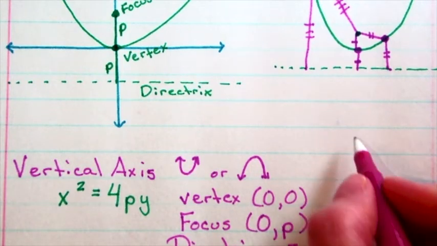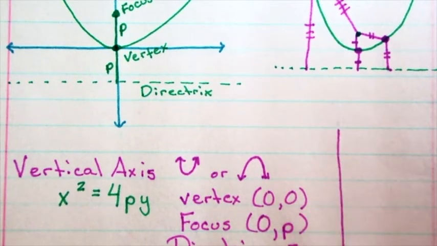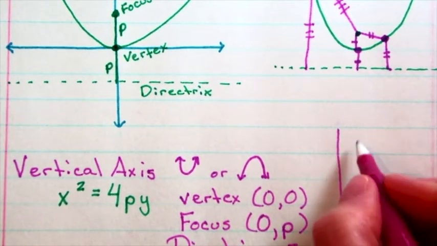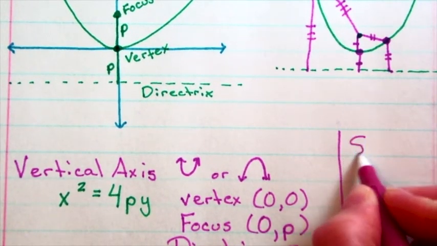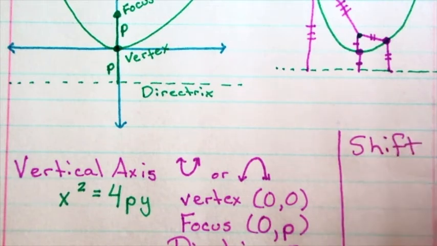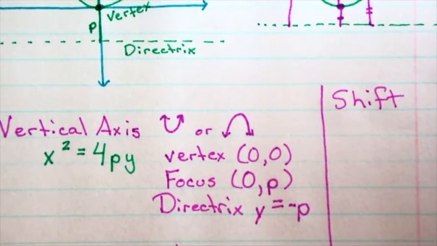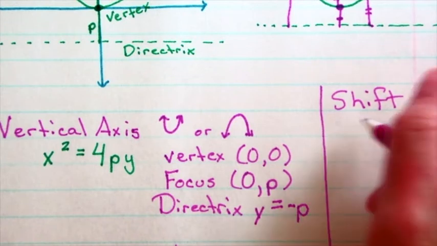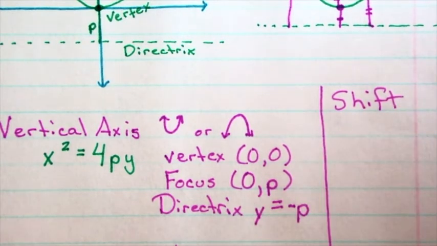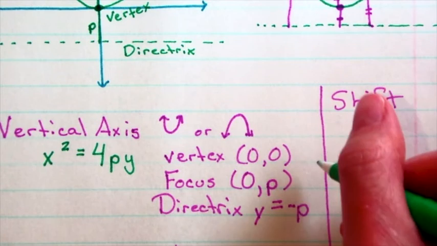Now, let's introduce the shift. What if we have a vertex that's not at the origin? Well, we're going to change this up just a little. And it kind of looks like a circle in that we've got the h and the k that are going to help us find the vertex.